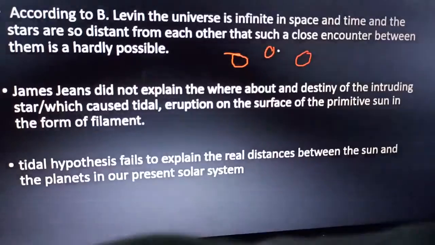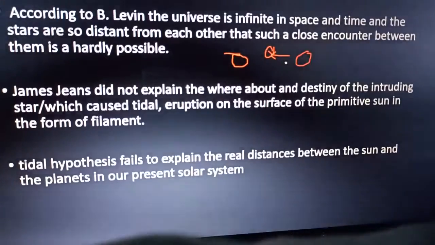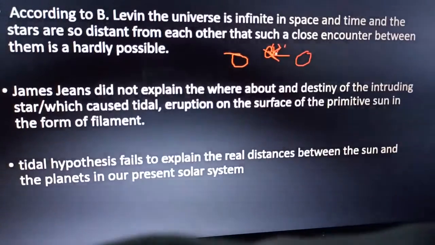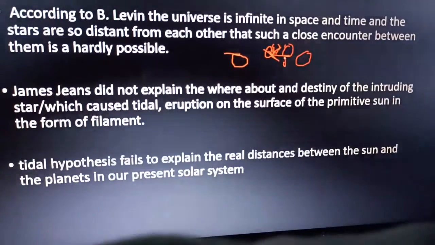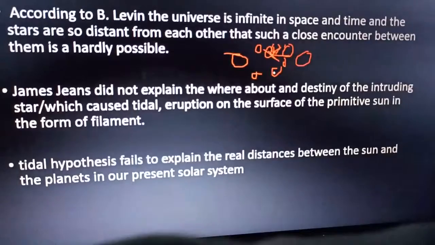He said that the companion star got smashed up because of the gravitational attraction of the intruding star, and as a result it got totally broken up, and from this companion star all the small material came out, and from this small debris and material our planets were born.